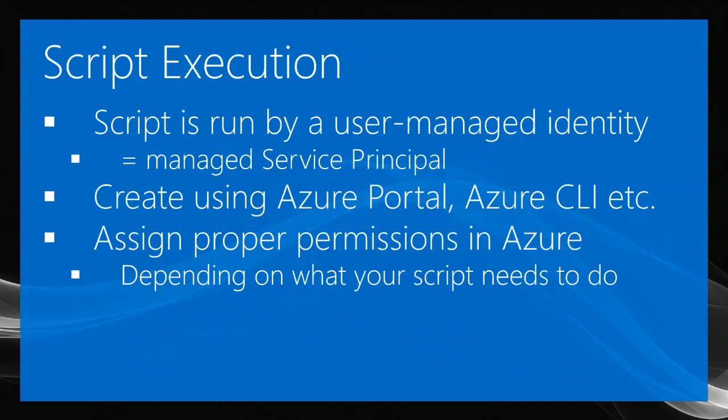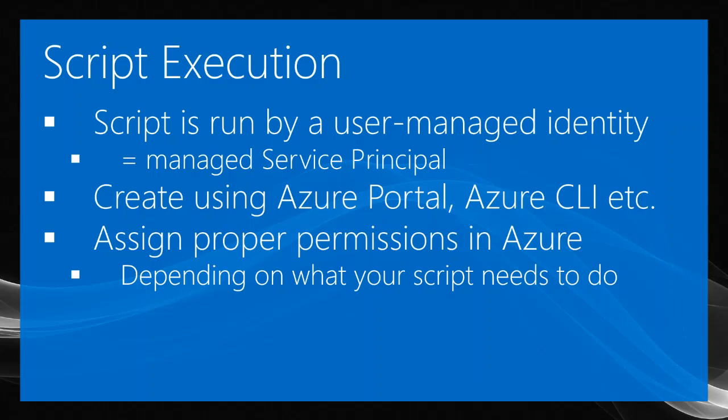All right, but now, how is that actually done? How is this working? Before we can use deployment scripts, we need an identity that will actually trigger and execute our scripts. And for that, we need to create a user-managed identity in our Azure environment.